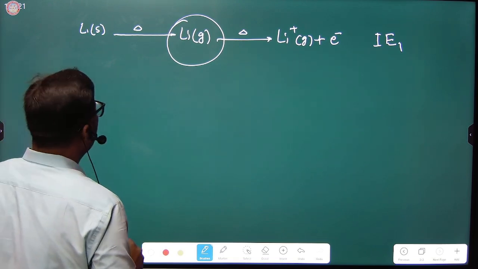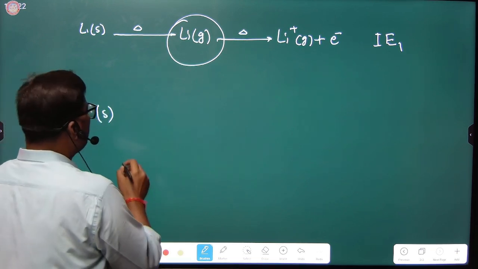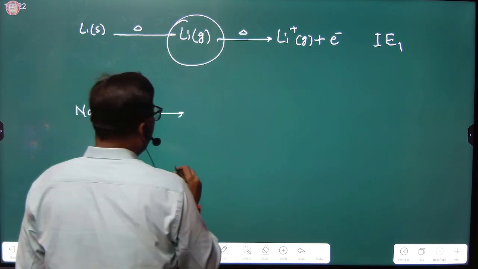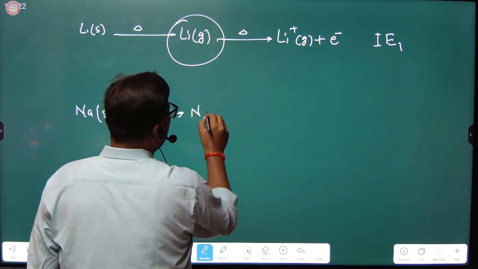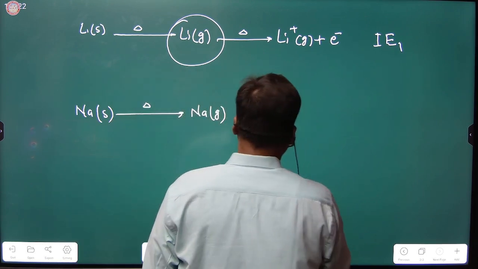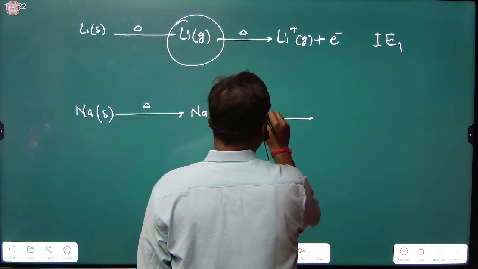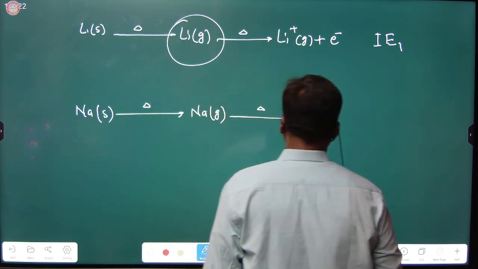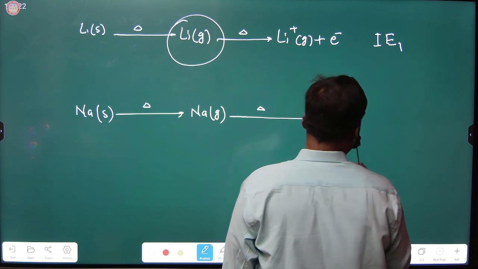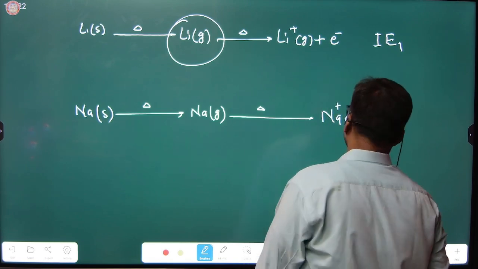see for sodium. So sodium in the solid state, once heated, the phase change occurs, so that is Na in the gaseous state, right? Further, if energy is supplied, this gaseous sodium will be converted into sodium cation plus an electron removed.